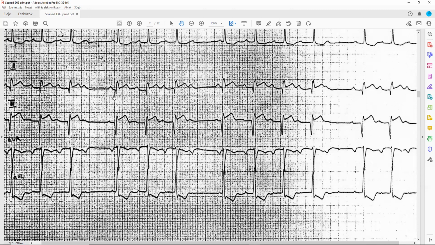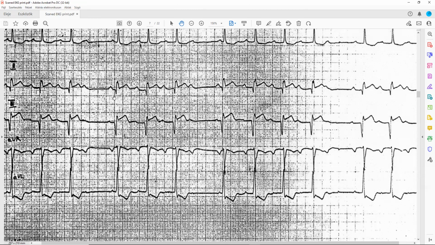What does it mean? It's a second degree AV block. And what kind of second degree block? We do have two types of second degree AV block, Mobitz type 1 and Mobitz type 2.